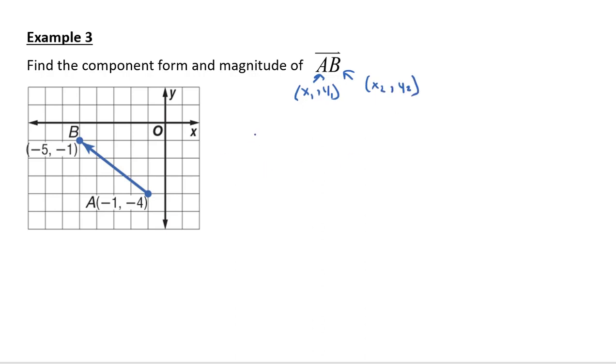So component form: we have -5 minus -1, and then -1 minus -4. And that turns into <-4, 3>.